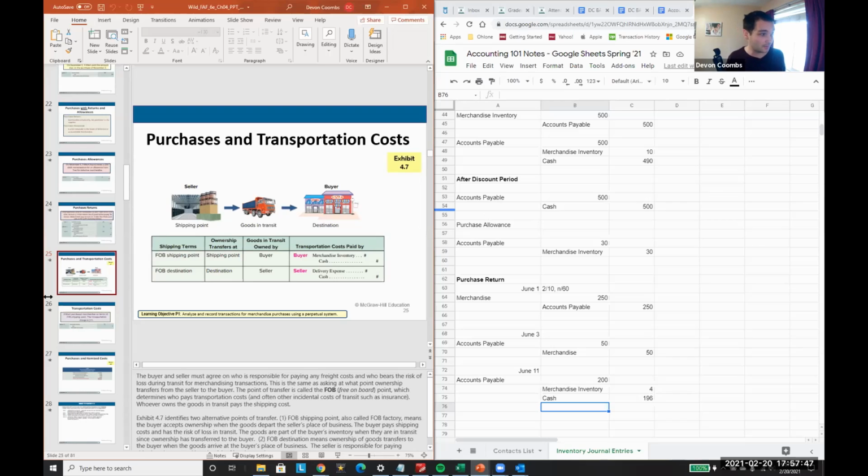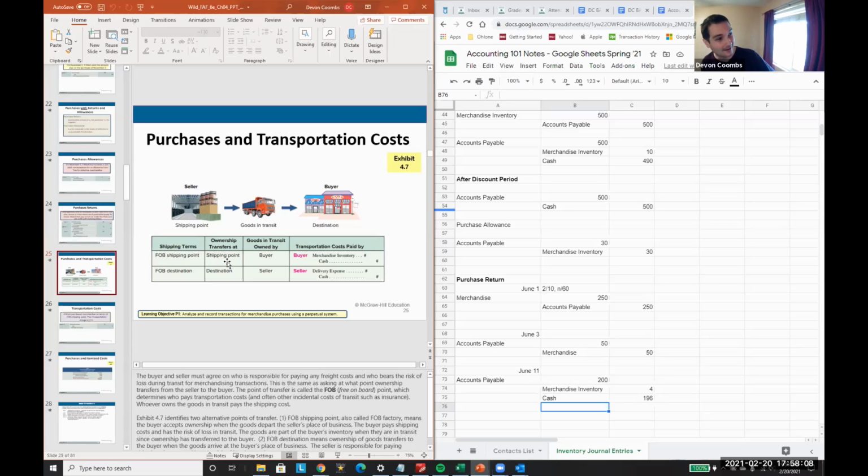So make sure you memorize this. I used to remember this as destination. I'd remember this as shipping point. There's another word that starts with SHI, a four-letter word, that means it's bad, right?